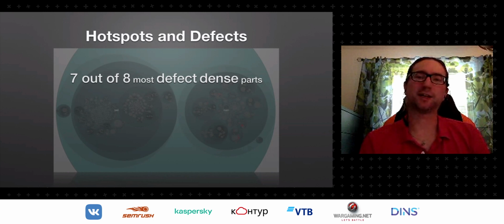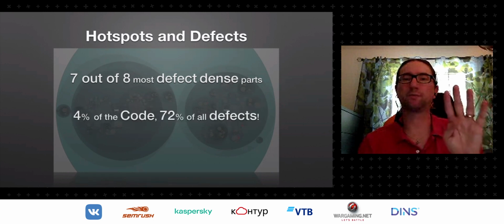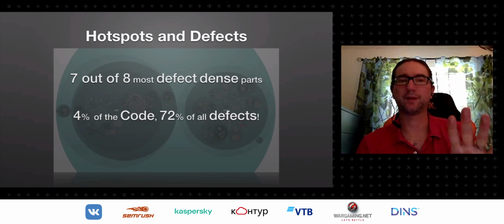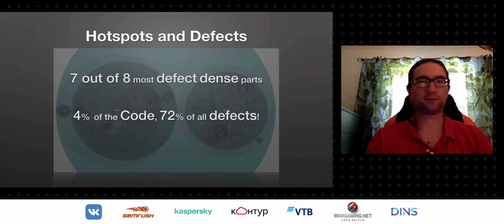What's even more fascinating was that the hotspots only made up 4% of the code, yet those 4% were responsible for 72% of all defects. So what this means is that if we use hotspots to guide our testing efforts, then we're very likely to catch a large, significant bunch of our defects.